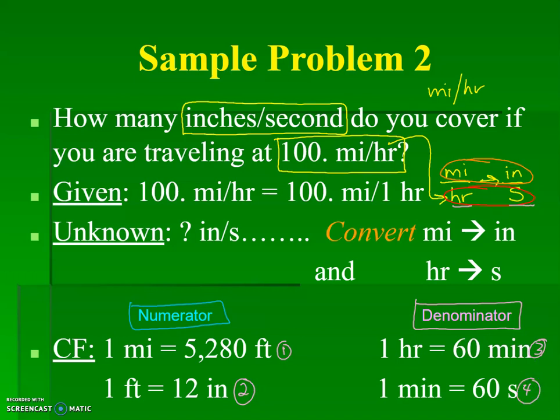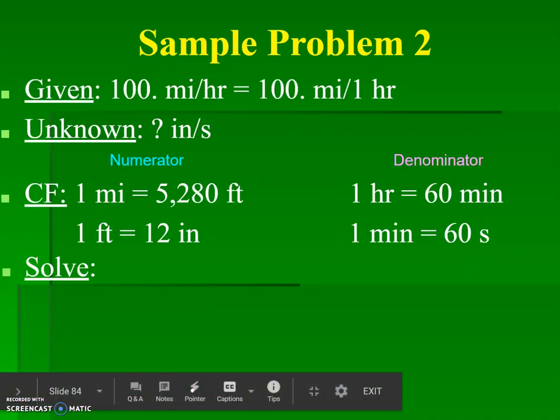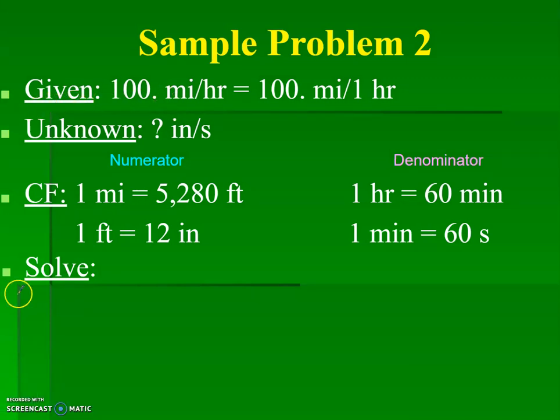So like we saw in the previous video, when you have that many conversion factors, that's how many dimensions you write out. Okay, so again, we start with the given 100 and the decimal point because we have to do our sig figs. Miles per 1 hour, and then we have 1, 2, 3, 4 conversion factors.